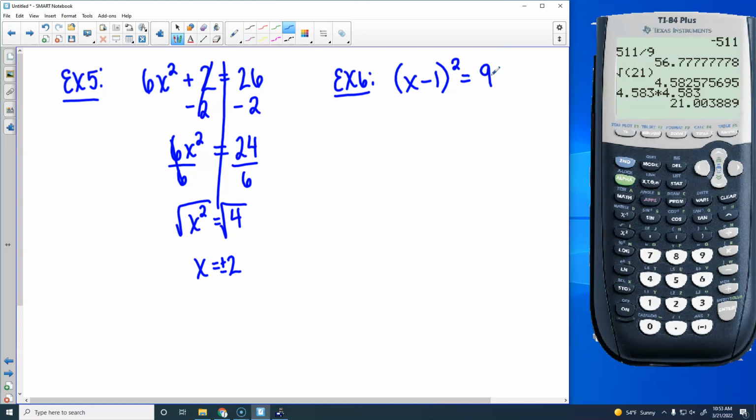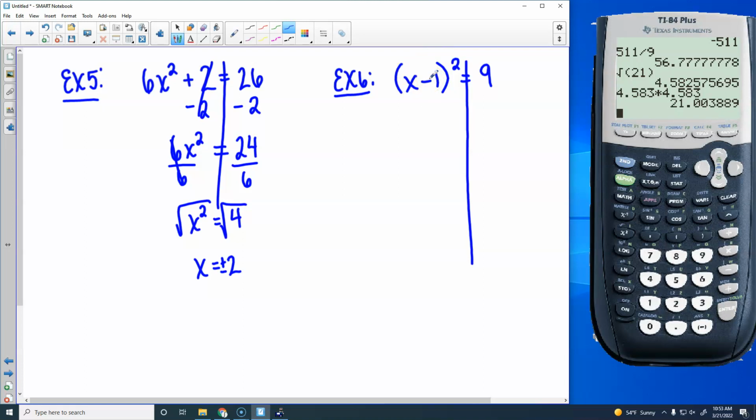Okay, so we've got x minus 1 squared equals 9. And so for problems like number 5, my square was my last step. It was the closest thing to my x. But is the square the closest thing to the x in this problem? It is not.